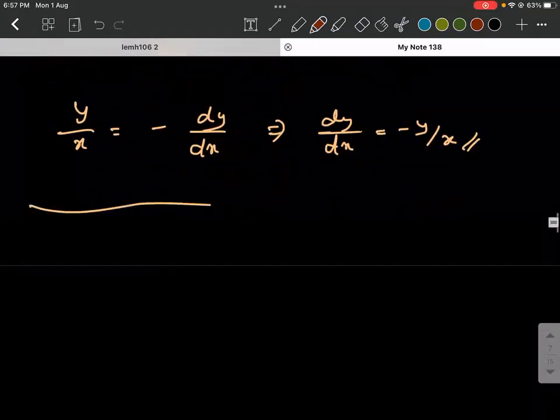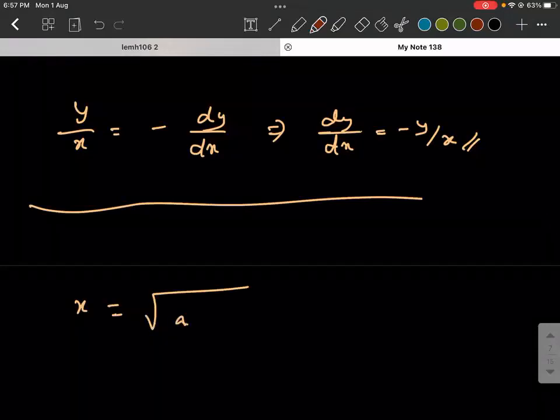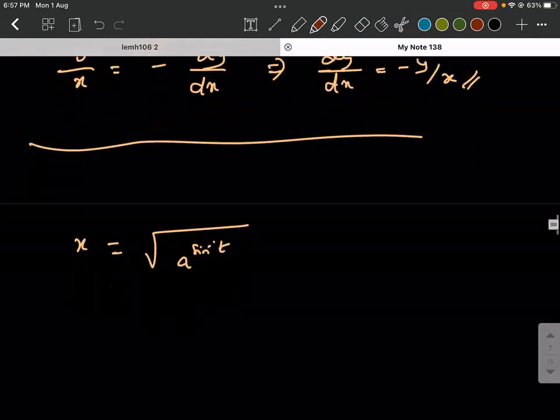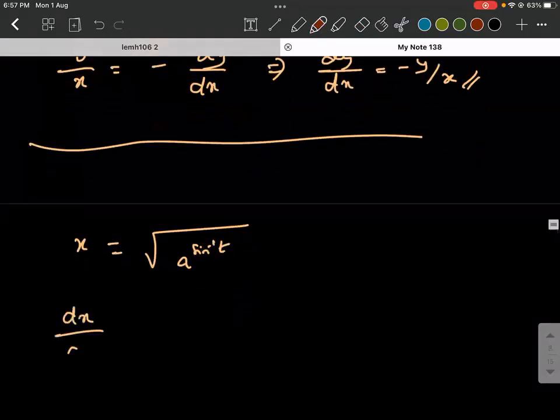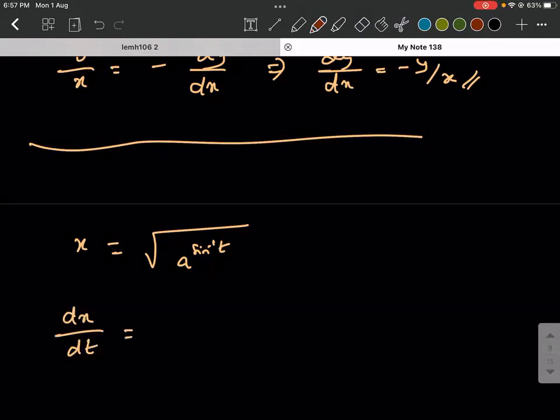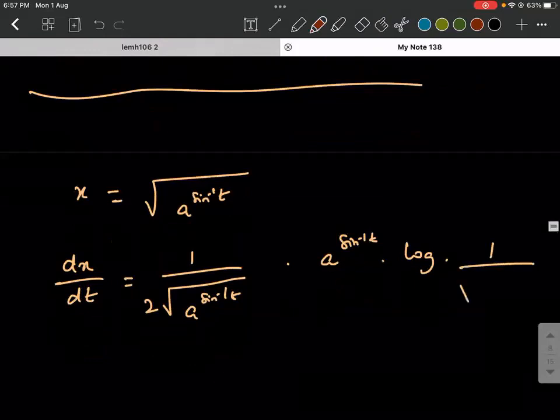If x is equal to root of a power sine inverse t, then dx by dt will be equal to 1 by 2 root of a power sine inverse t into derivative of a power sine inverse t, which is a power sine inverse t into log a into derivative of sine inverse t, 1 by root of 1 minus t square.